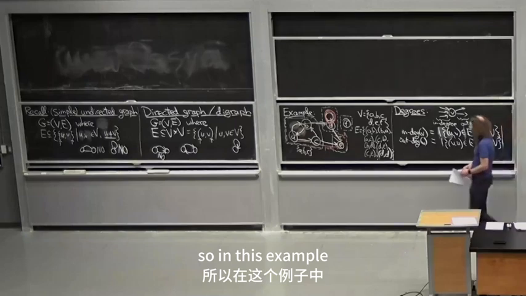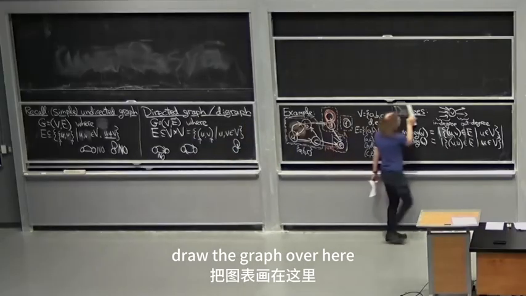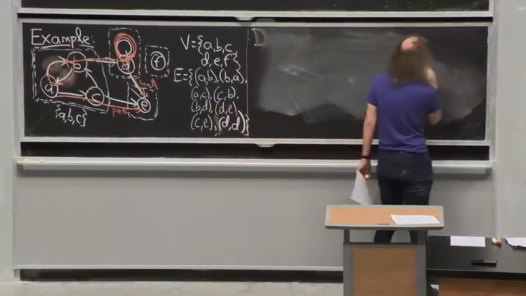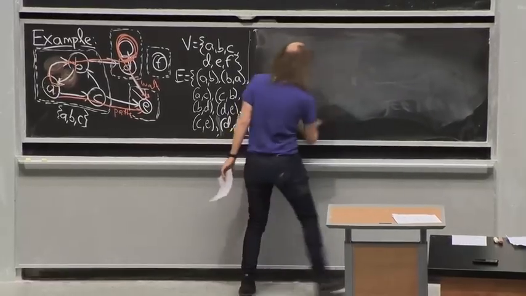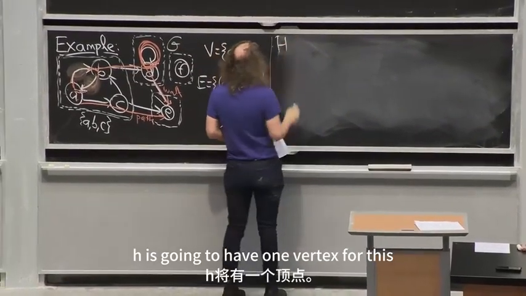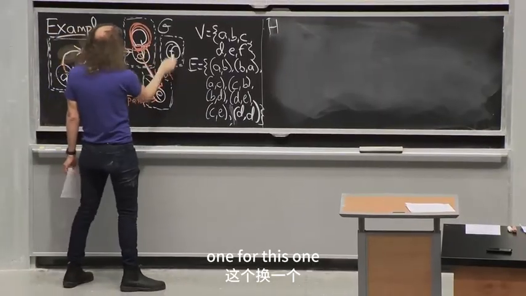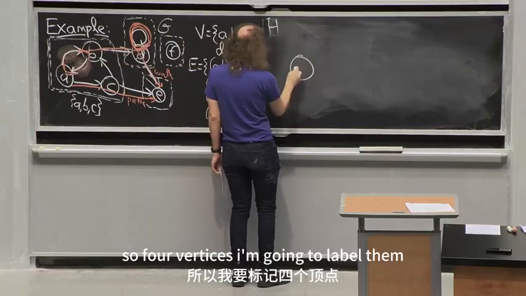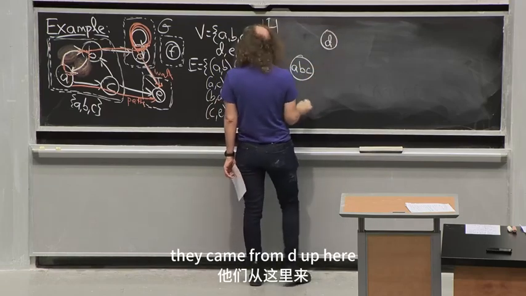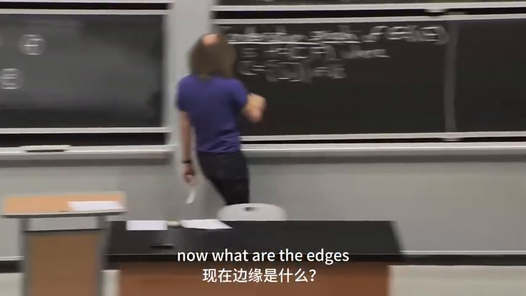Okay, so in this example, I draw the graph over here. So this was G. H is going to have one vertex for this strongly connected component, one for this one, one for this one, one for this one. So 4 vertices. I'm going to label them with the vertices in the original graph that they came from. Got D up here, E roughly over here, and F over here. Okay, now what are the edges?